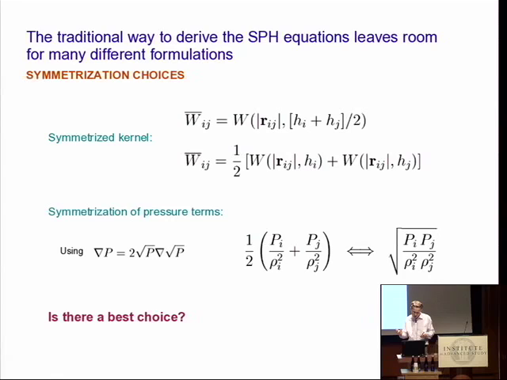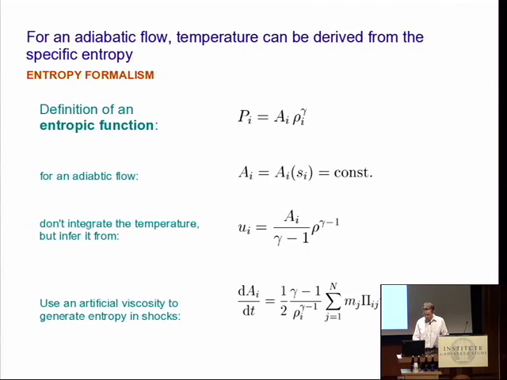And that, of course, raises the question, and a lot of experimentation has been done on that, is there a best choice really for this? And I would argue, actually, yes, there's one choice that's much better motivated than some of these more or less arbitrary choices.